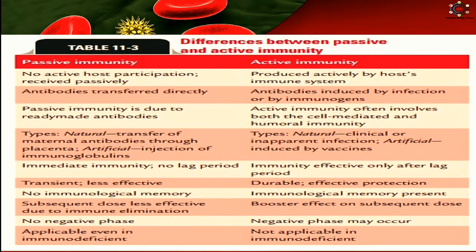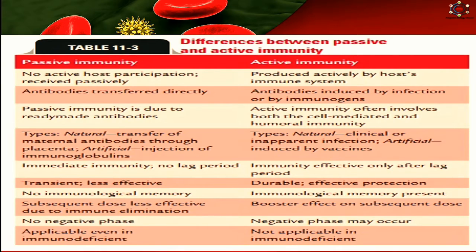Passive immunity is due to ready-made antibodies, while active immunity often involves both cell-mediated and humoral immunity. Passive immunity has types like natural, the transfer of maternal antibodies through the placenta, and artificial, that is injection of immunoglobulins. While active immunity has types like natural, that is clinical or inapparent infection, and artificial, that is induced by vaccines.